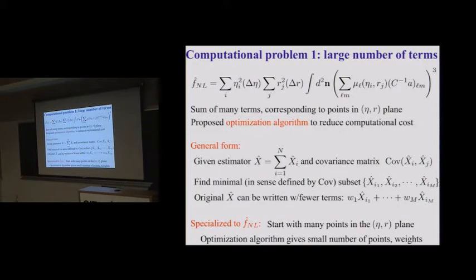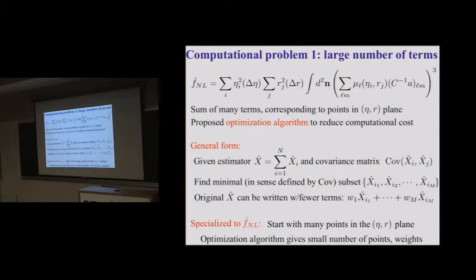Then, using a bunch of linear algebra tricks, we can find a minimal subset of the terms, such that all the other x hats that aren't in the subset are highly correlated to a linear combination of guys in the subset. So this lets us go through and, up to some controlled approximation, replace each of the xi hats in the original estimator by a linear combination of guys in the subset, and write the original x hat as a sum with many fewer terms.